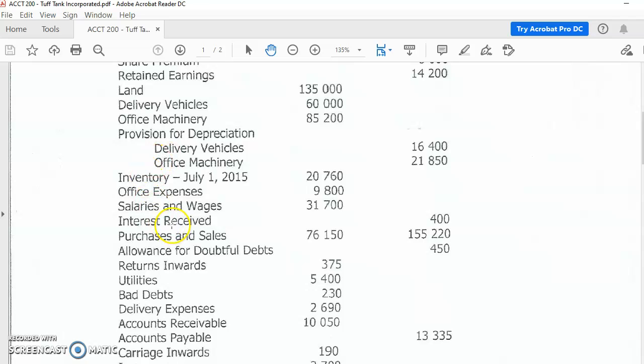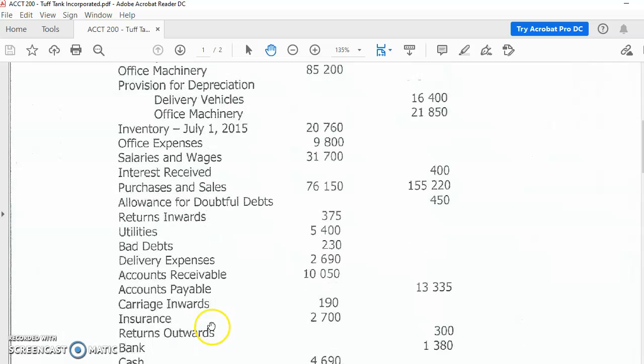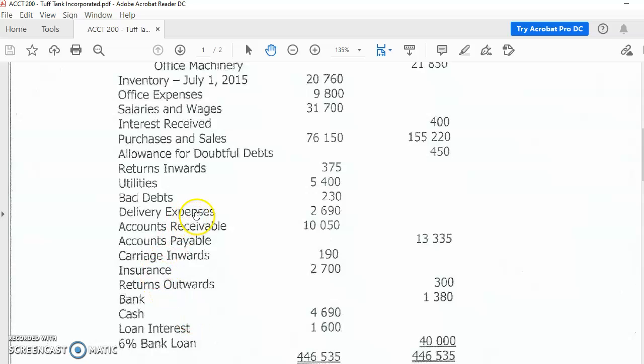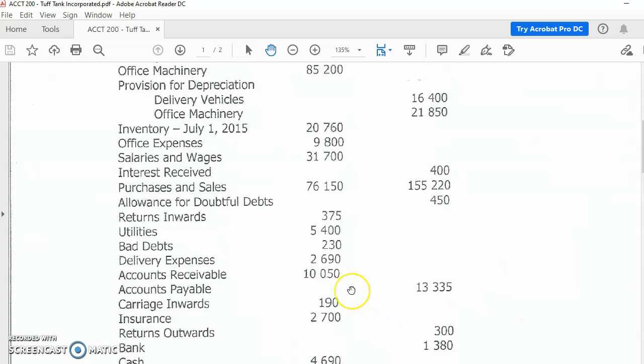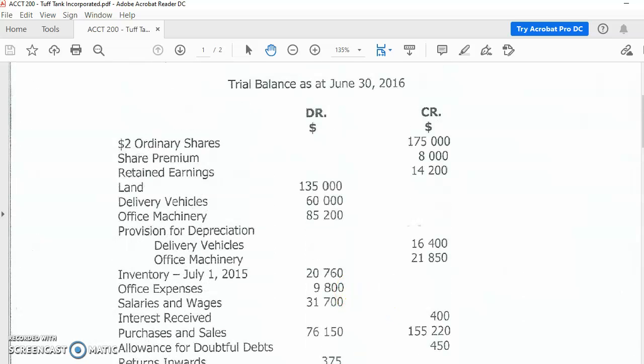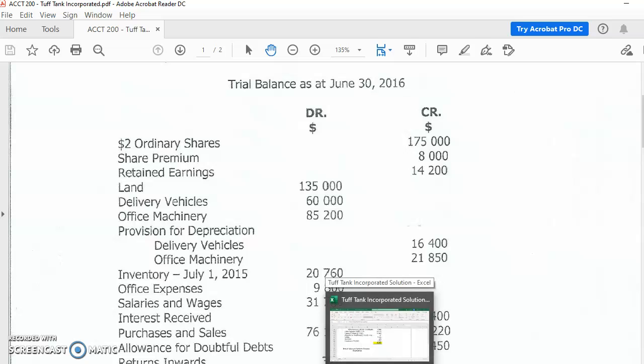We also noted from our additional information that half of the salary and the wages were for the delivery crew, and also we had a delivery expense as well. Our delivery expense was $2,690, which falls under selling and distribution. So we're going to use these figures to help us calculate the total selling and distribution expenses for Tuff Tank for the year ended the 30th of June 2016. So let's go back to our spreadsheet.